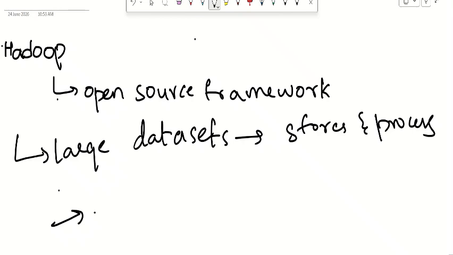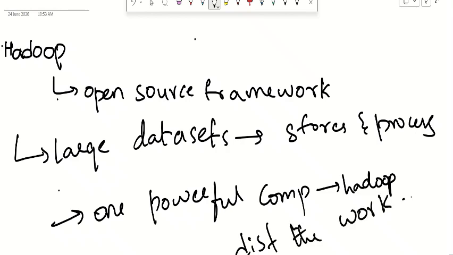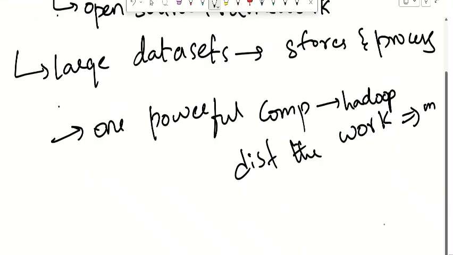Instead of relying on one powerful computer, Hadoop distributes the work into many machines.